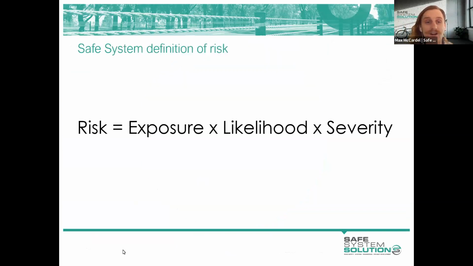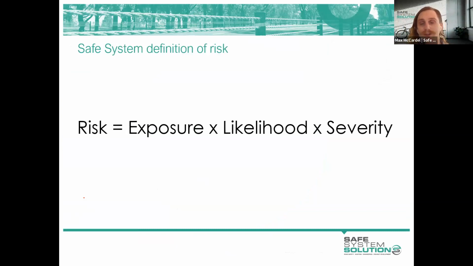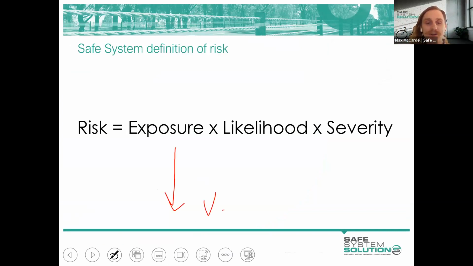We've spent a lot of time going through this risk framework, really focusing on exposure and trying to hone in on that, which is always associated with the volumes. And then also had a discussion around the likelihood and severity. So we've been feeding this information to you deliberately to give you all of that background knowledge to then complete this component, which is how to actually conduct an SSA.